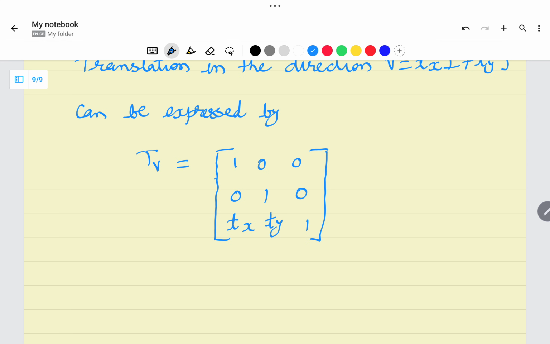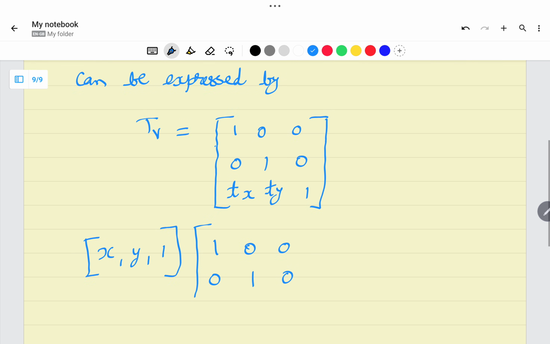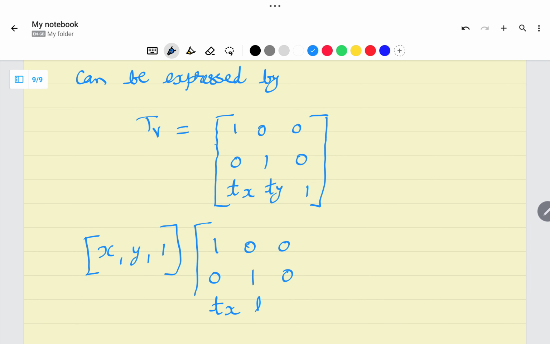Then let us understand multiplication of x, y, 1 with this matrix. This is the homogeneous form of the point x, y, that is x, y, 1, multiplied with this 3 by 3 translation matrix.